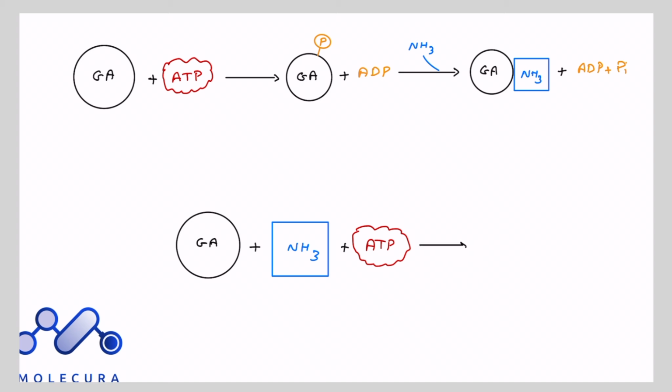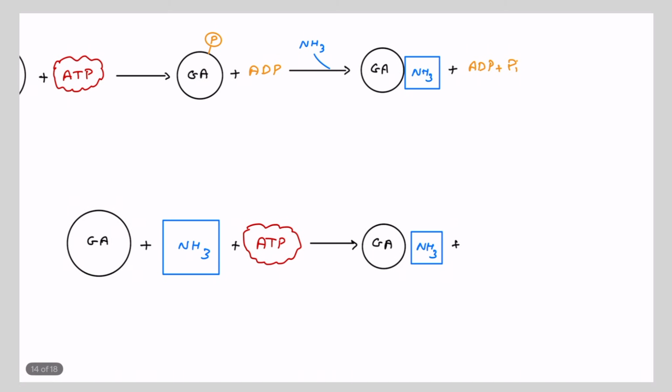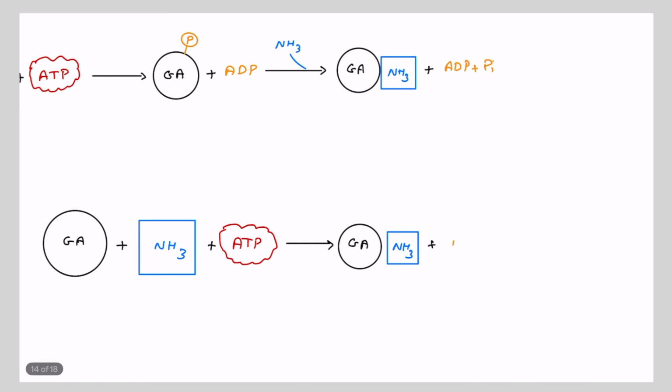And our end result is going to be our glutamine, which is our glutamic acid plus the ammonia, plus ADP plus phosphate, which got hydrolyzed from ATP.